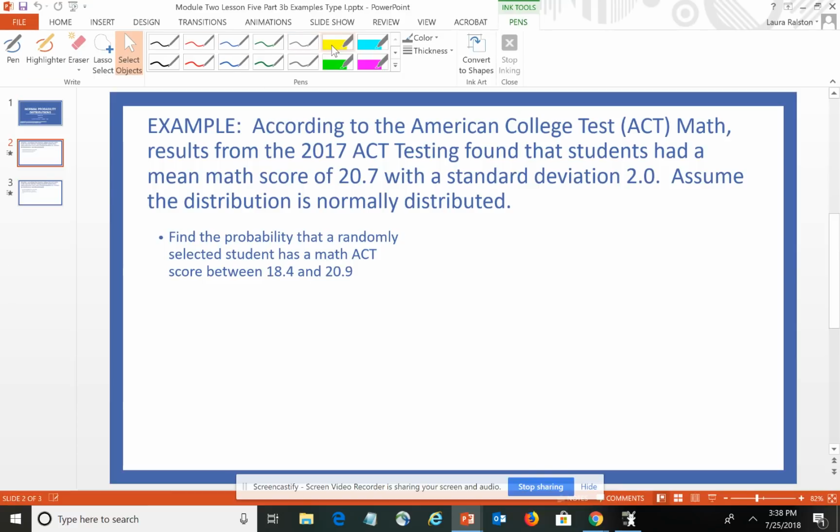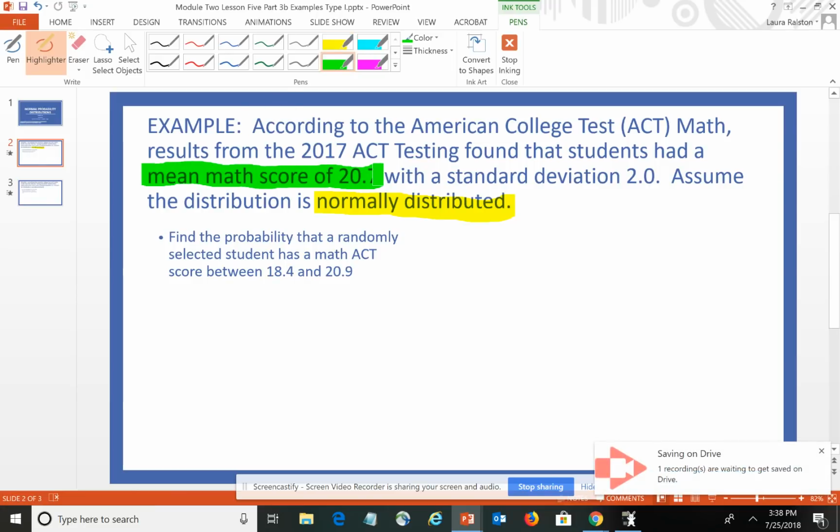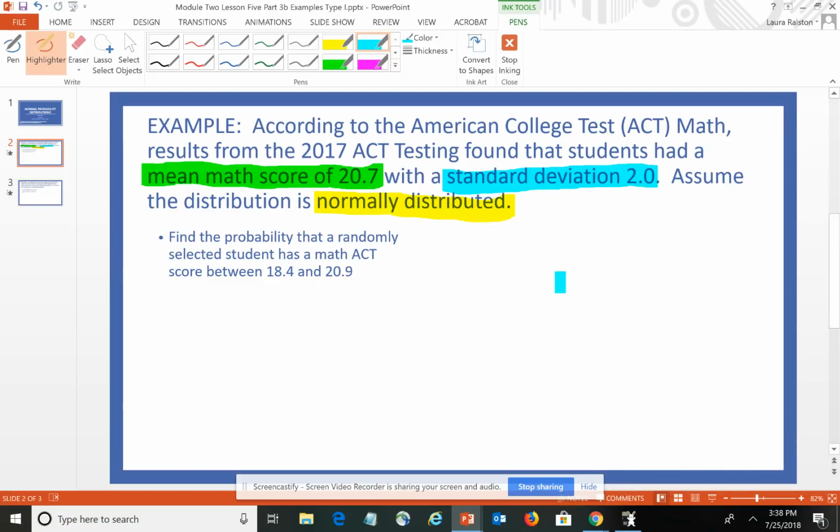Again, as I've pointed out several times before, we have to know, and we're told, that the distribution is normally distributed. We also have to know the mean, which is 20.7, and the standard deviation, which is given as 2.0.